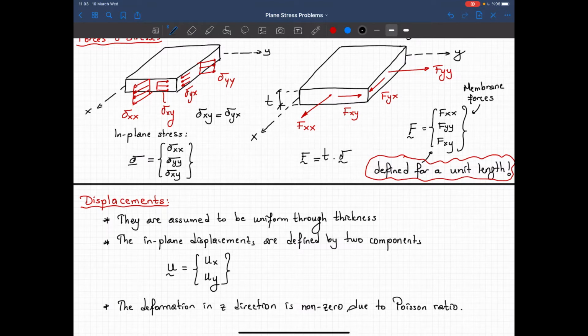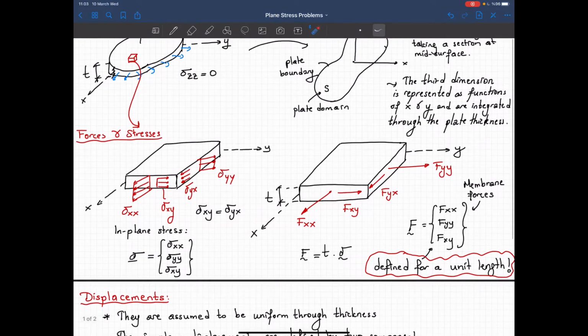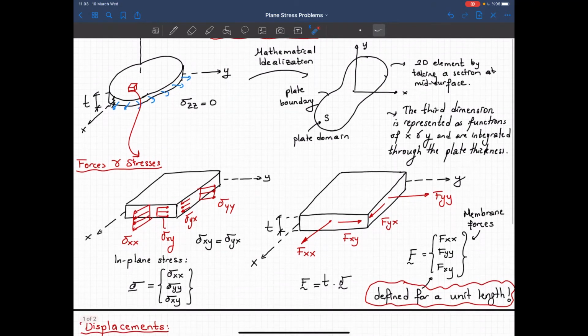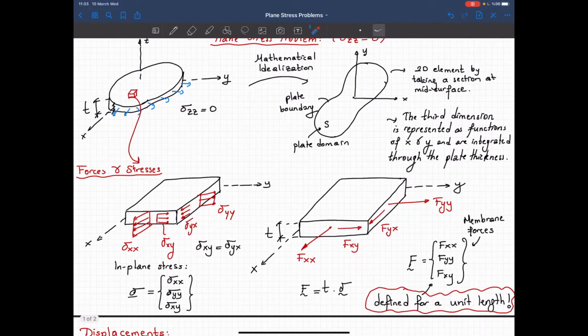So what we are saying is, in this type of element, in this membrane element, the membrane element can deform in the in-plane directions. Of course, due to that in-plane deformation or displacement, we will see a deformation in the z direction, but this deformation is not due to the applied loads, it is due to the Poisson effect.